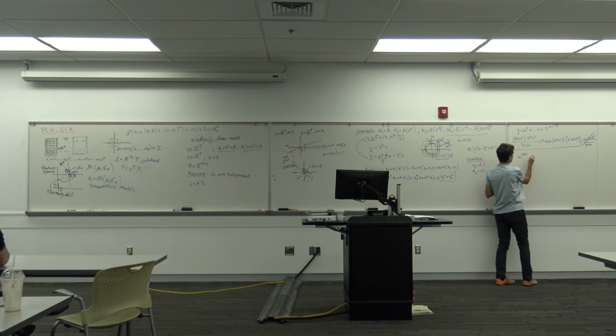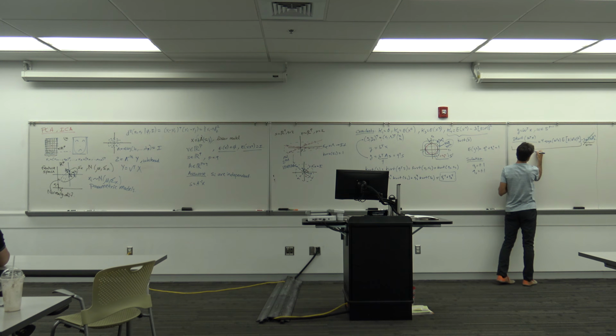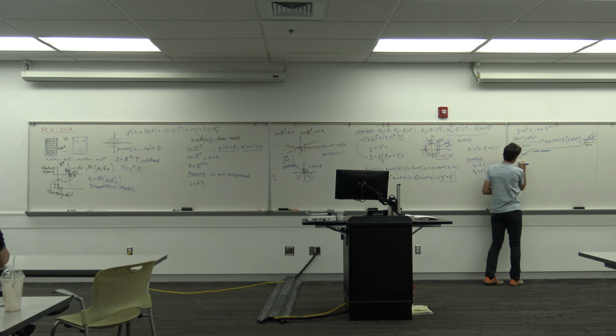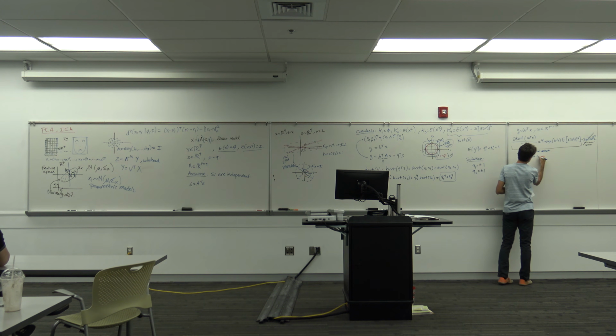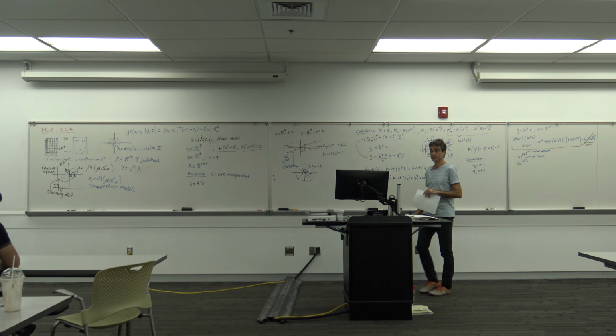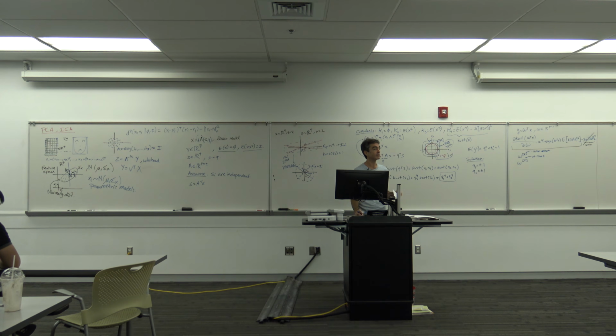This 0 means this is my initial estimate, and for subsequent estimates, I'll say W of t, meaning the estimate at time t.